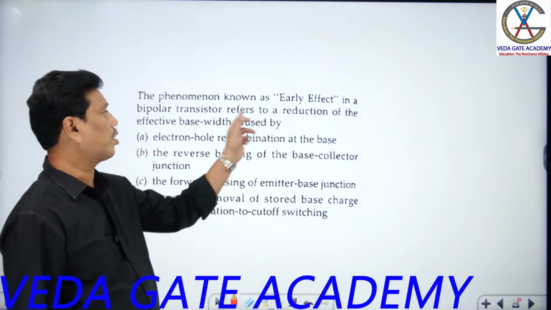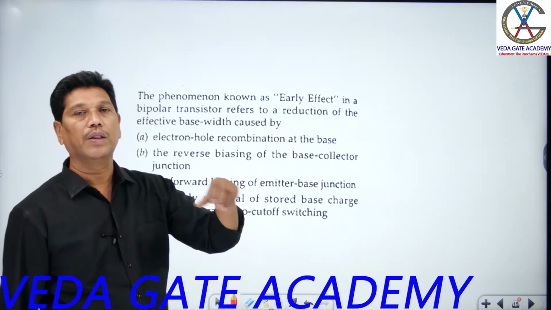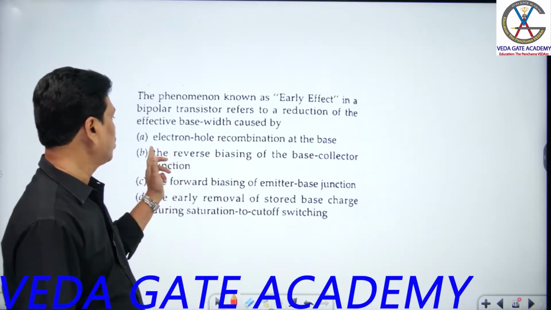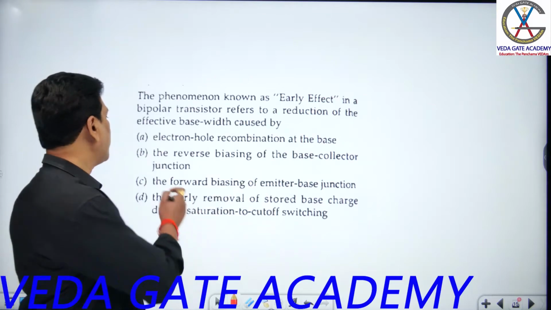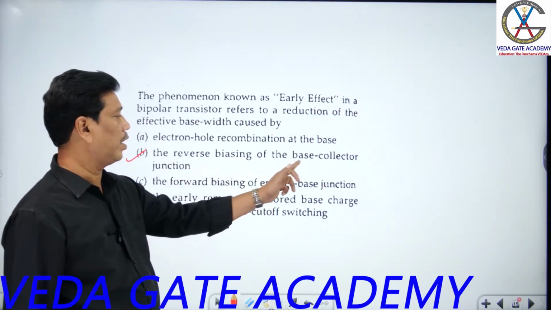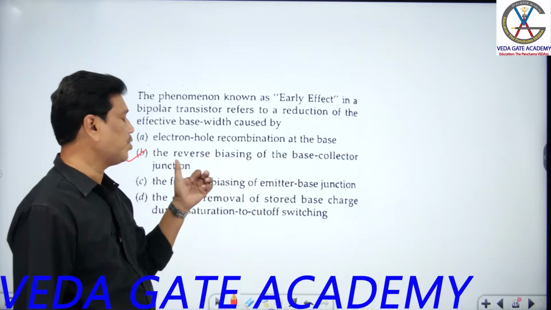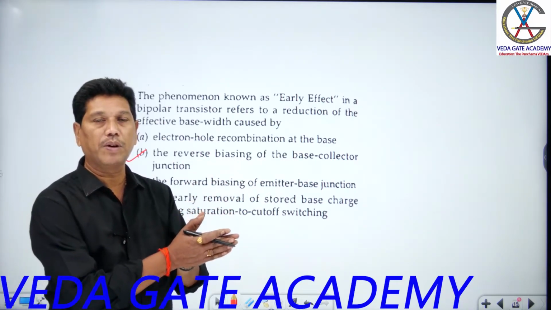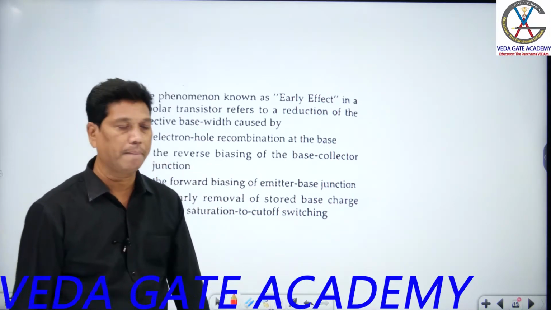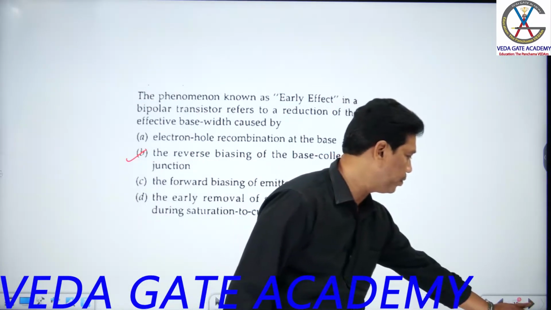So the reduction of the base width by the early effect is caused by the reverse bias across the collector and base junction. So what is the answer, students? B is the answer. The remaining options are not correct. With reverse biasing of the collector to base junction, the barrier can expand into the base, thereby decreasing the effective base width. So the option for that one is B, students. Okay, check out the next question now.